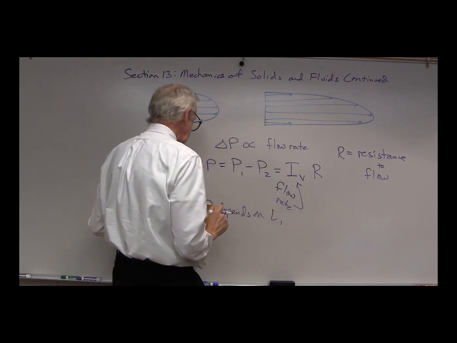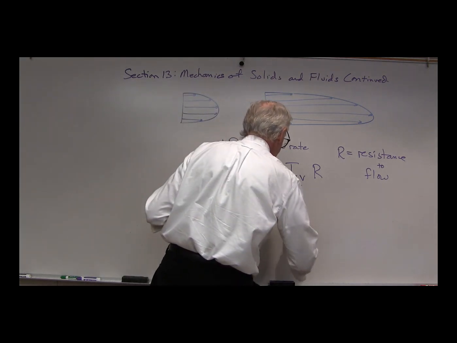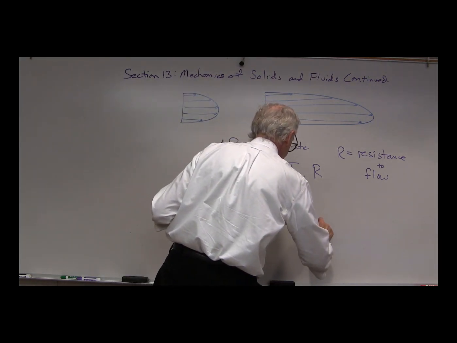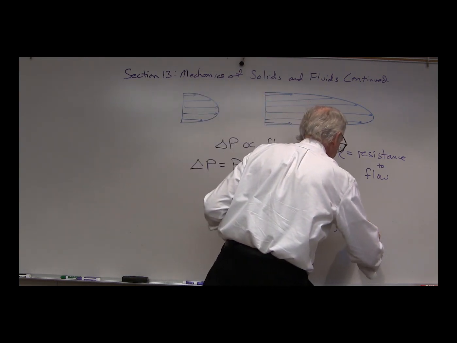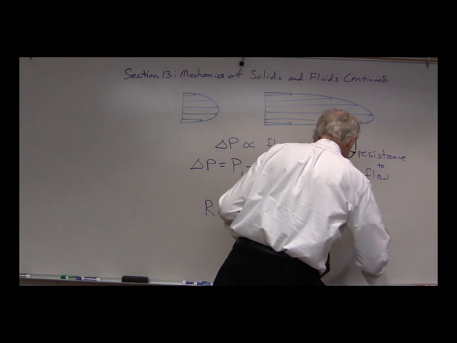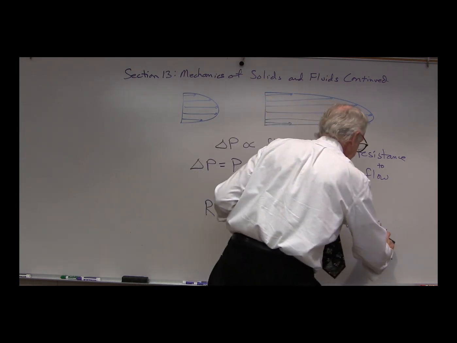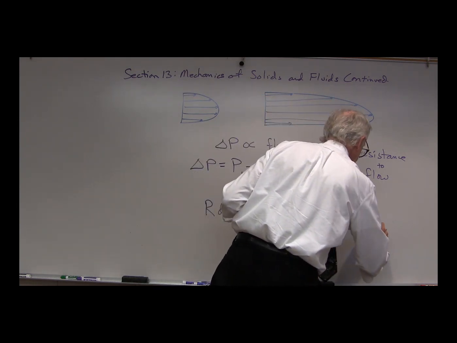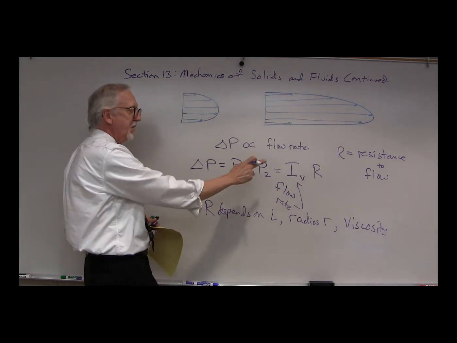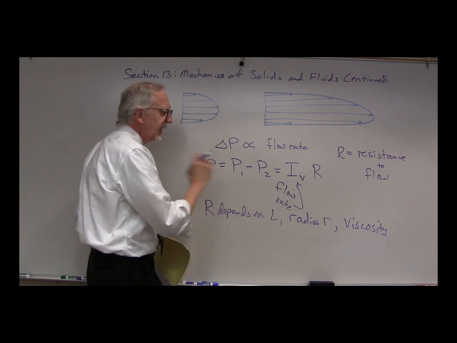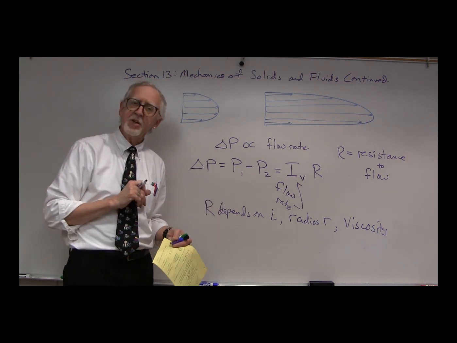So we expect R to depend on the radius of the pipe. And then also the viscosity. Whoops, viscosity I think actually is with an S, viscosity. The more viscosity we have, the greater the resistance. Let's take a look at viscosity. How do we go about measuring viscosity?